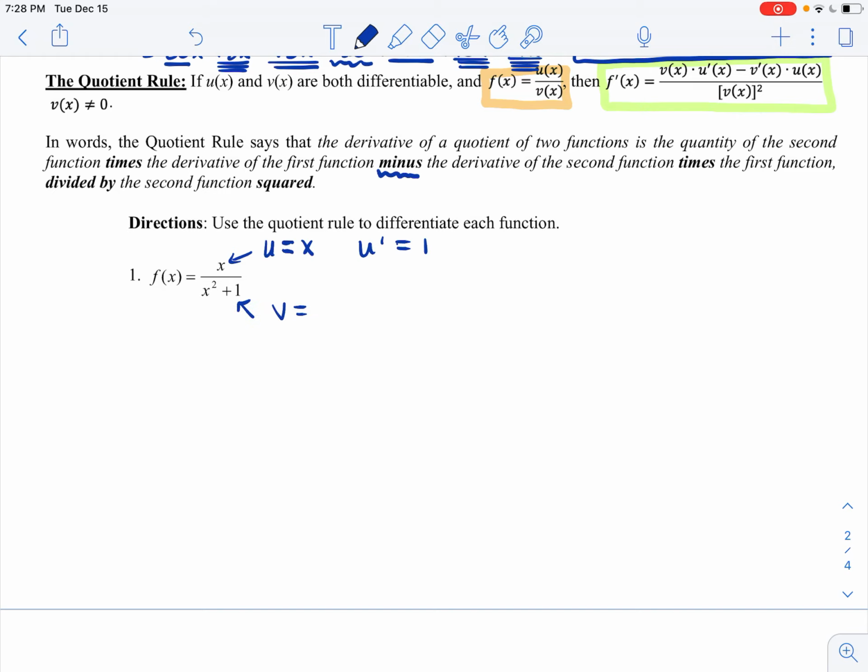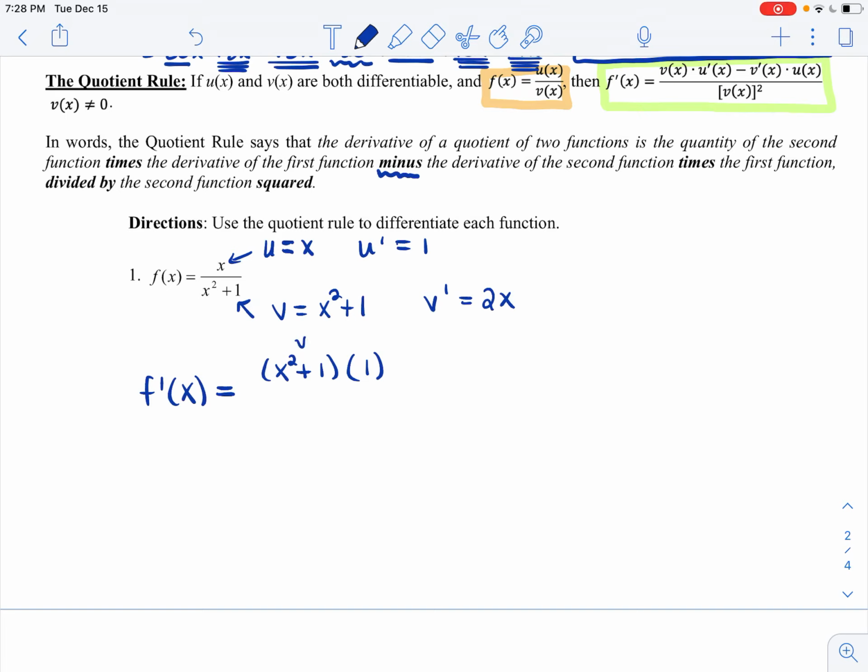The denominator function v is what we're calling the x squared plus 1, so v prime would be 2x plus 0, or just 2x. So if I want to find the derivative of f of x, the quotient rule states I would start with the original denominator function, or the original second function, times the derivative of the first.